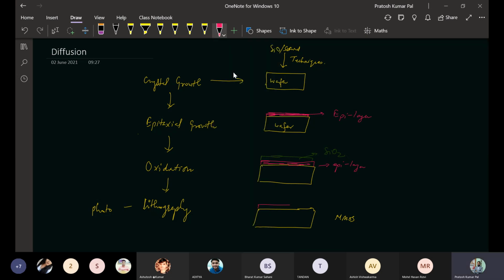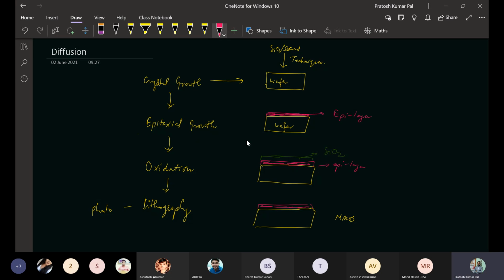So this was the same silicon layer, and onto this we have this oxide.